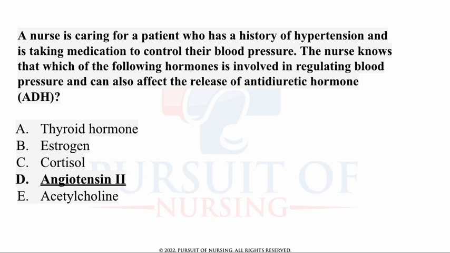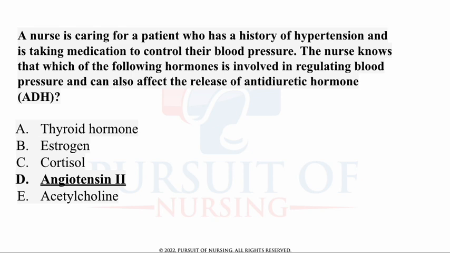All right, so angiotensin II is a hormone that is involved in regulating blood pressure. It does this by constricting blood vessels and increasing the release of aldosterone, which therefore promotes sodium and water retention. So angiotensin II can also stimulate the release of ADH, which helps to promote water retention and helps to maintain blood pressure.